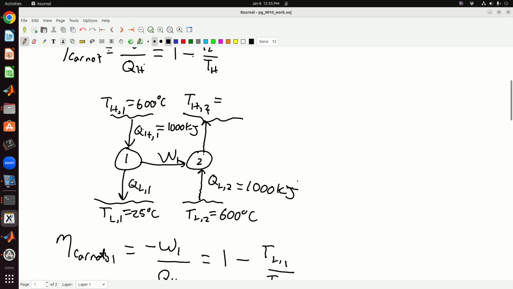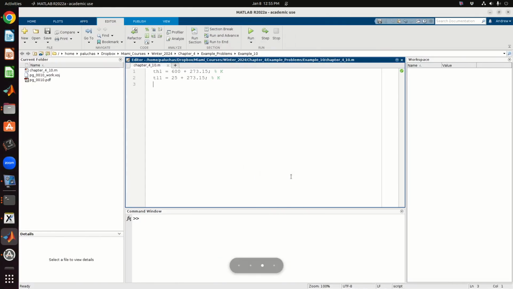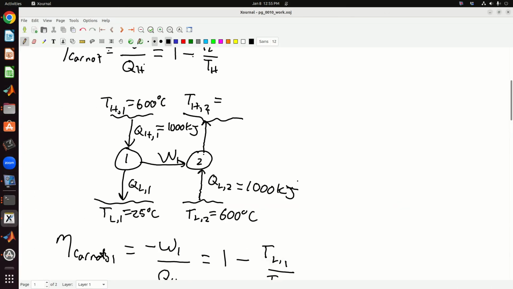And then we also have QH1 is 1000, and that's 1000 kilojoules. So QH1 is going to be positive because it's heat added to my system, so that's a positive 1000 kilojoules. It's extensive heat, but that's okay when we perform our calculation of our cycles.